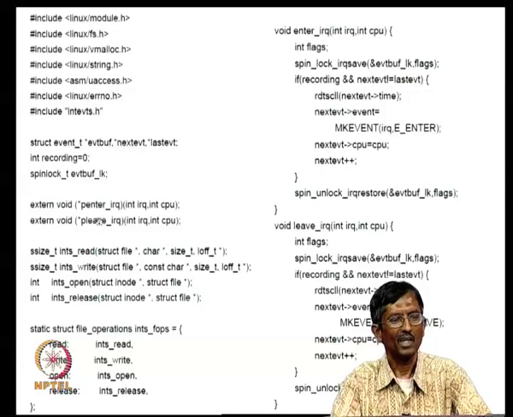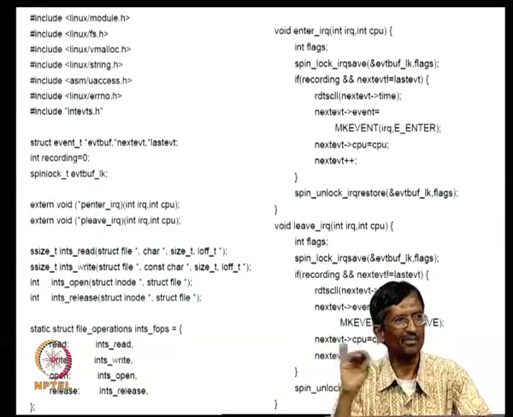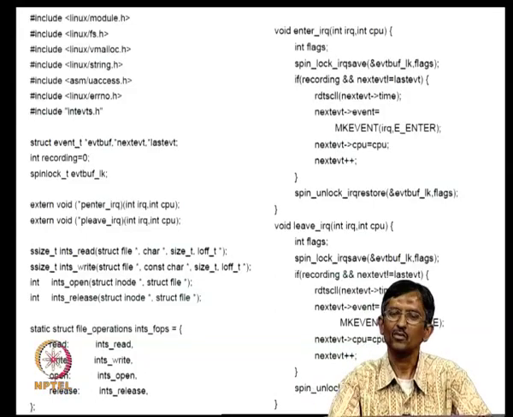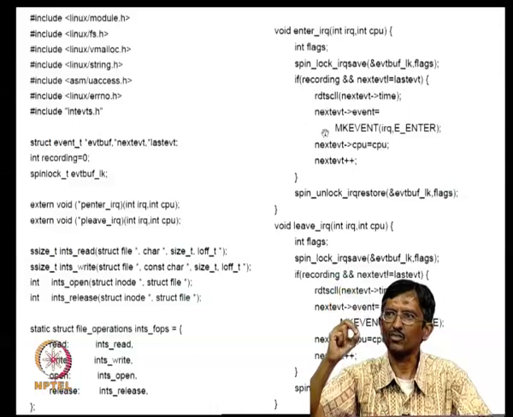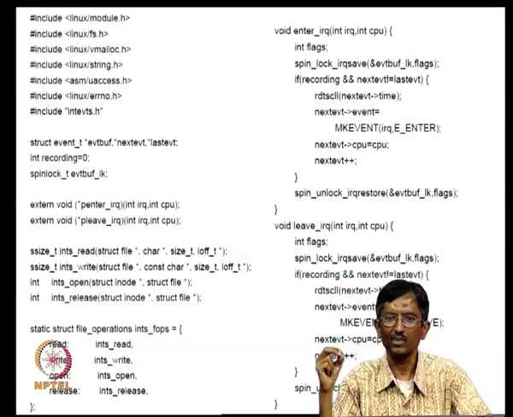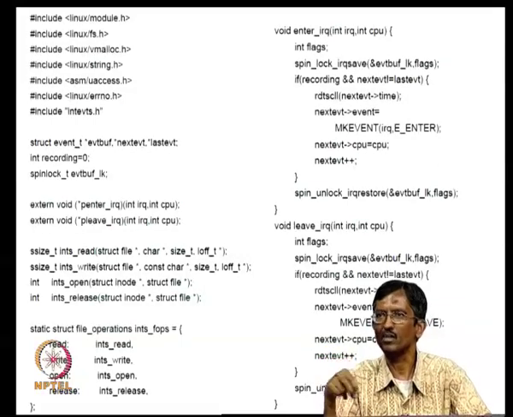So again, you have to look at it very closely. I might have set things in a slightly different order than what should actually happen. Normally what will happen is on interrupt entry, you do some processing, then you call this function. On interrupt exit, you call this p-leave IRQ, and then do the thing that the system does.